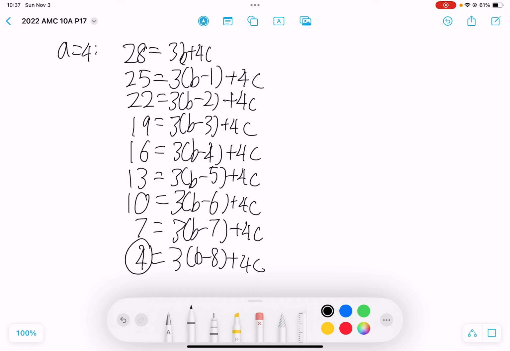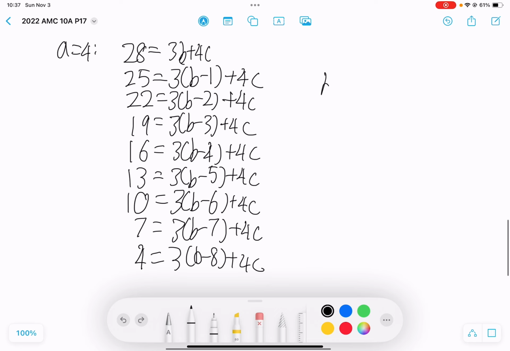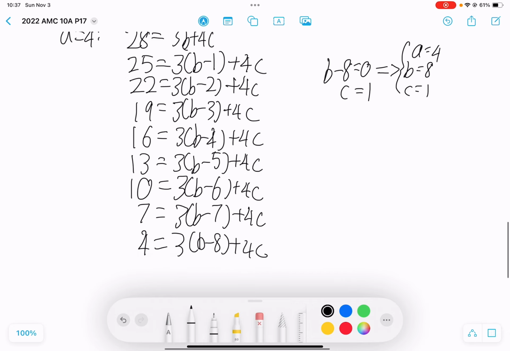Okay, so 4 works because 4 is a multiple of 4, right? So we make sure that b minus 8 is 0 and c is 1. So this means that b is 8, c is 1, and a is 4. So this is a solution here.